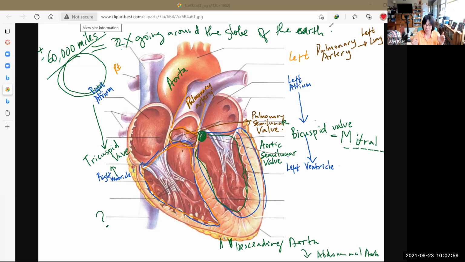If you do an EKG, from the beginning of the P wave, QRS, T, and back to the beginning of P again, that is 0.8 second. So this 60,000 mile journey of the blood happens in 0.8 second. Are we amazed?